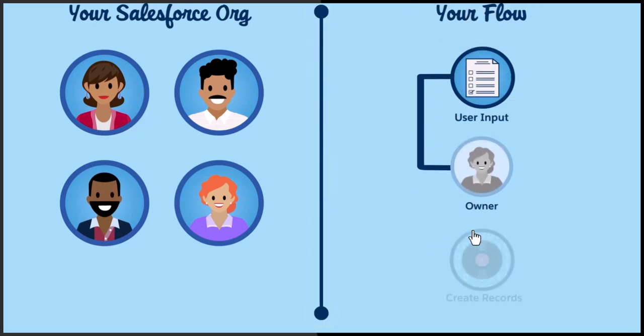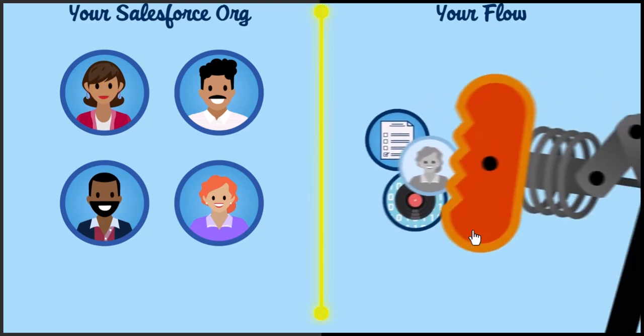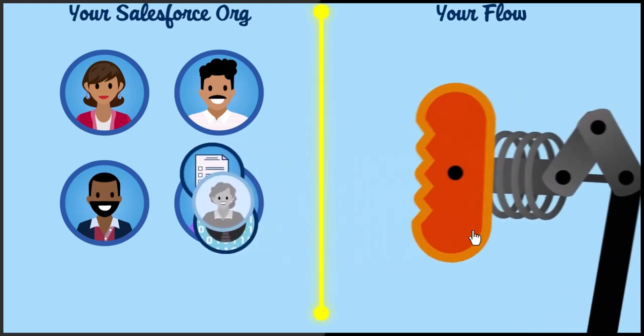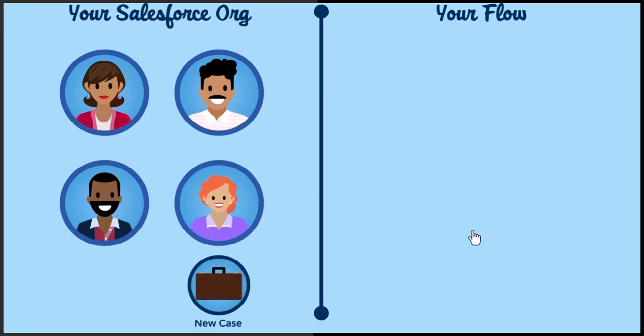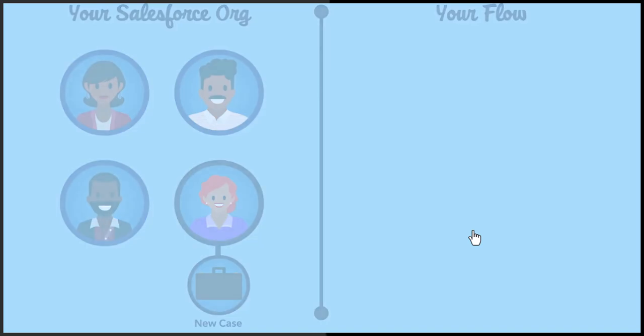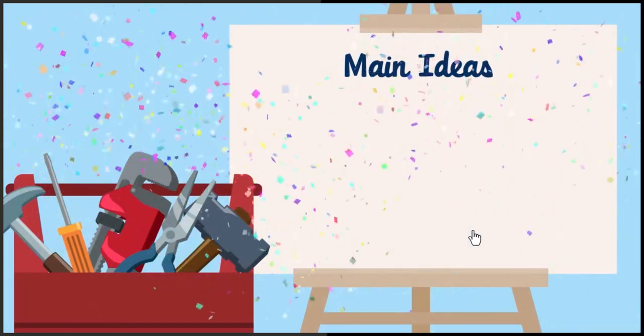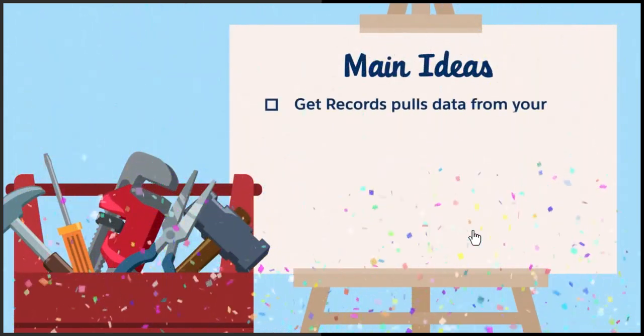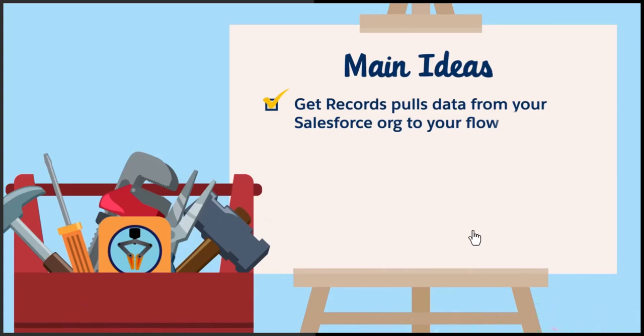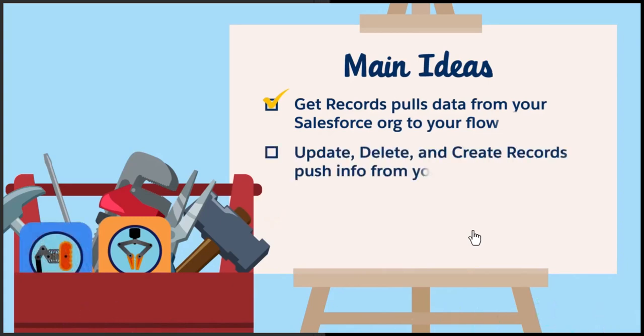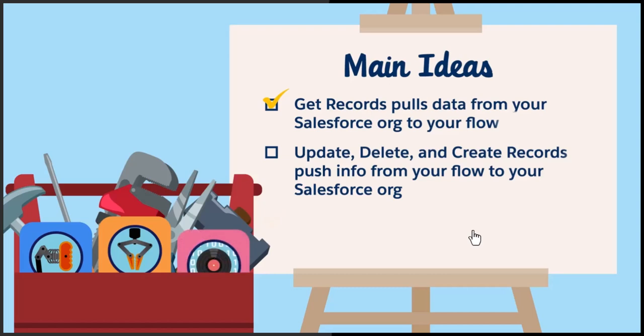And finally, the createRecord element is added to the flow to push the new information to your Salesforce org. The new record, the case, is created and assigned to the correct user. Congrats! You have learned how to pull information into your flow with the getRecords element, and how to push information from your flow to your Salesforce org with the update, delete, and create record elements. And lastly, always test your automations in a sandbox.